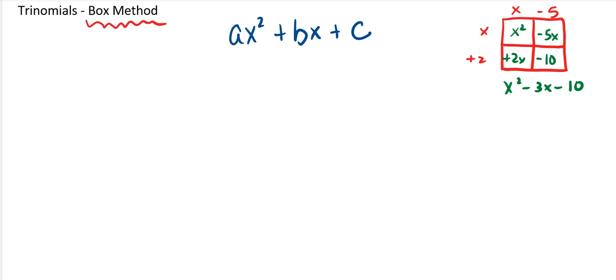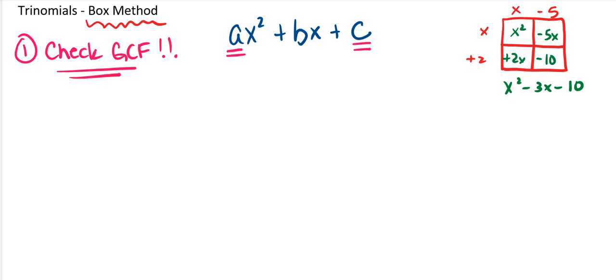And if you have not already watched my video on the product sum chart, I strongly recommend that you do that. The first thing we're going to do here is multiply a times c. Actually, that's a lie. I'm going to back up real quick. The first thing we're going to do here is check for a GCF.